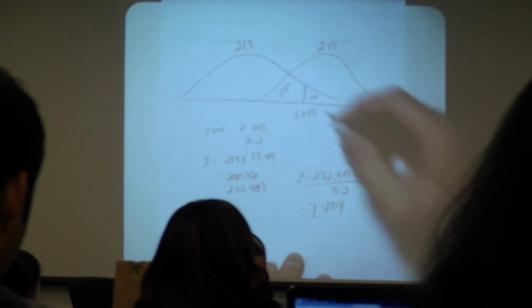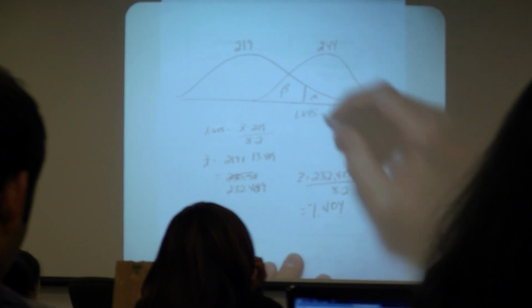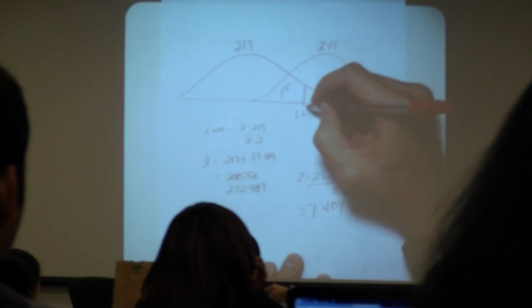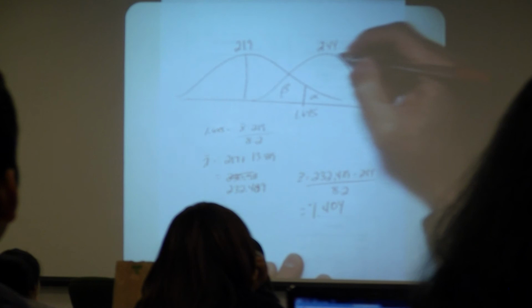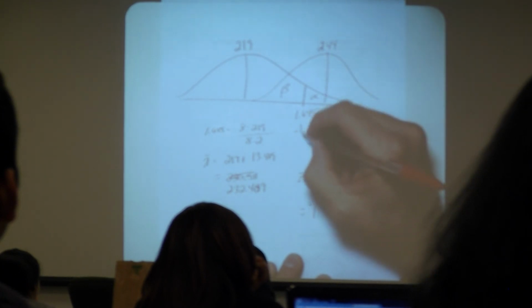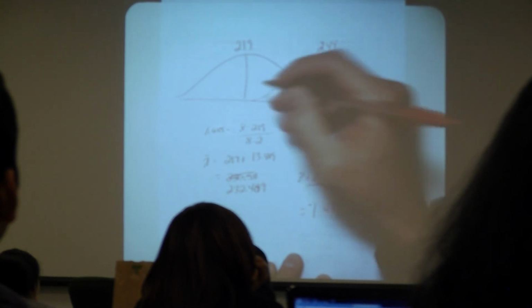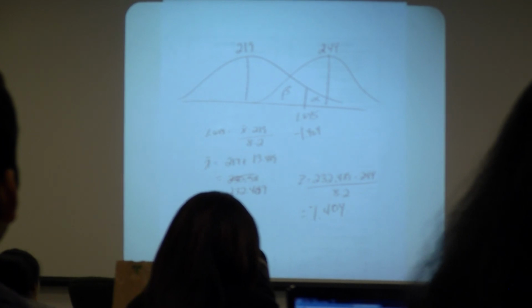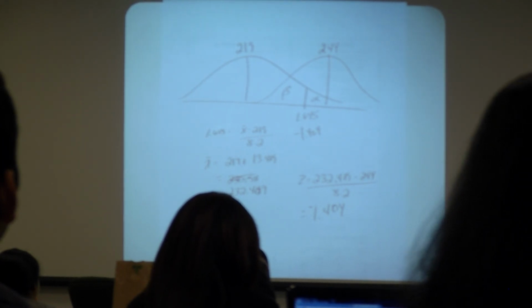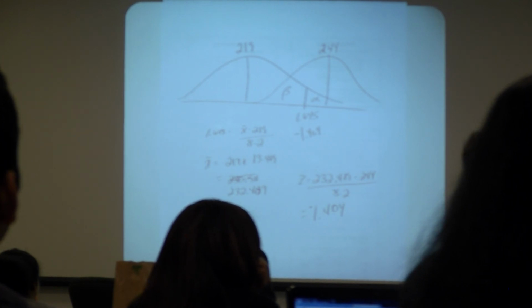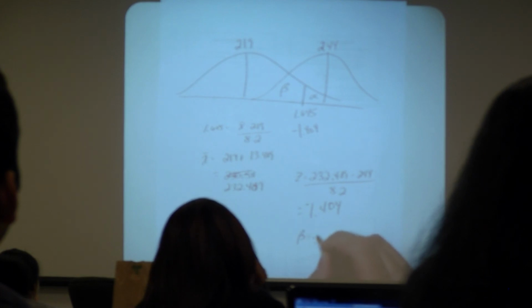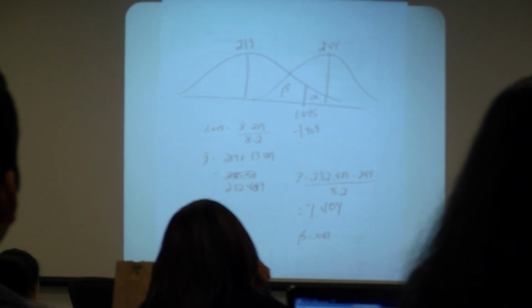In this distribution it was 165. In this distribution over here it is negative 1.404. Beta is the area to the left of that, which is going to be the same as before, 0.081. That worked out.